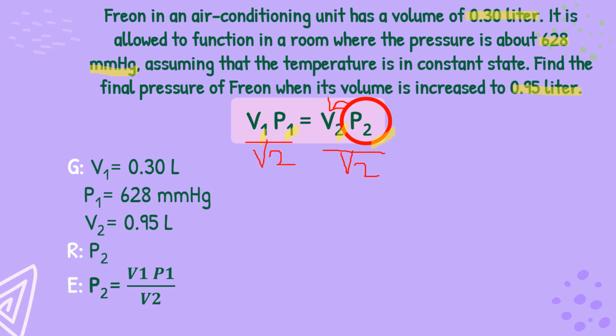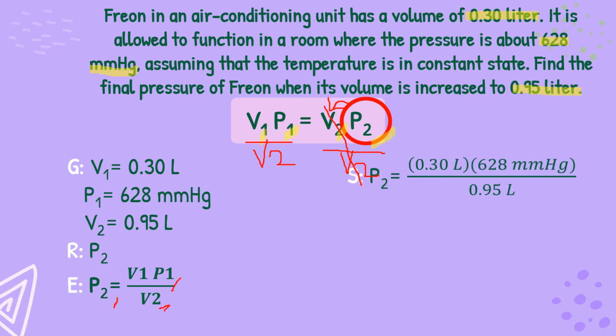So then on the side of the final pressure we can cancel out the final volume, and we leave the final pressure on one side of the equation. So the equation for this word problem is that final pressure is equal to the product of initial volume and initial pressure, divided by the final volume.